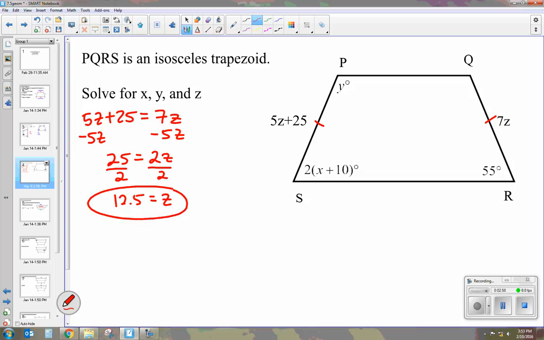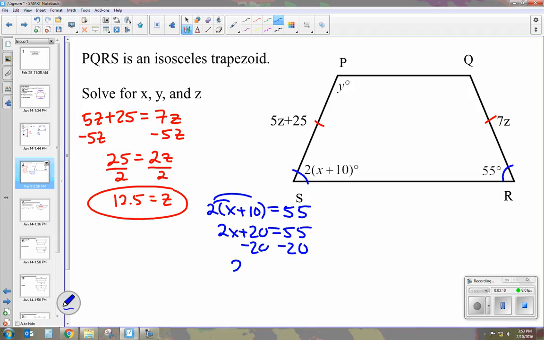Okay, let's do x. x is at a base angle, and it's congruent to its corresponding base angle. So we can set 2x plus 10 equal to 55. Distribute, subtract, and divide. So x will equal 17.5.